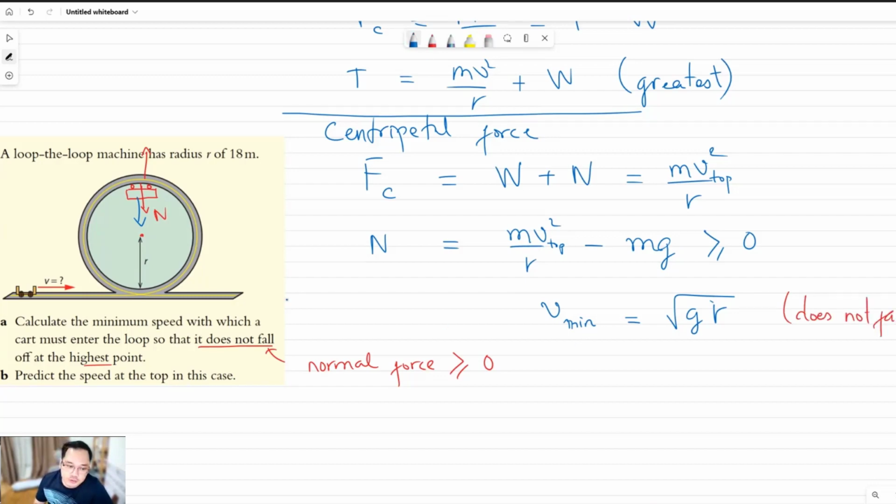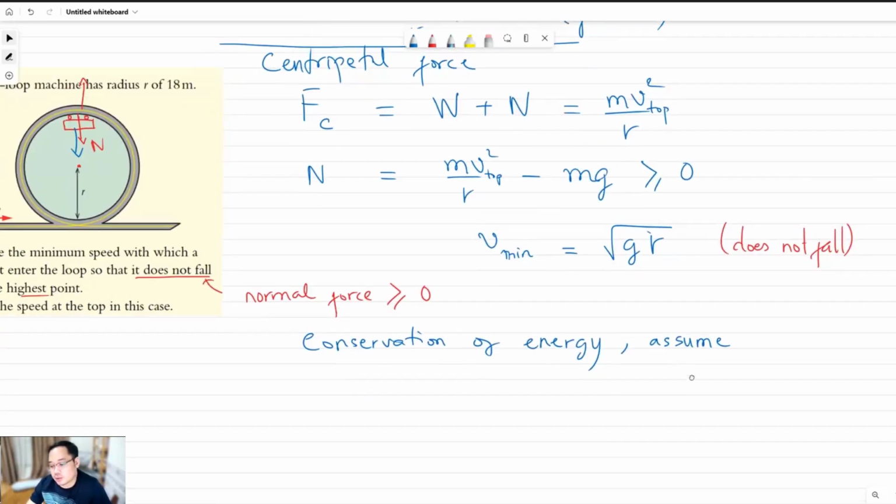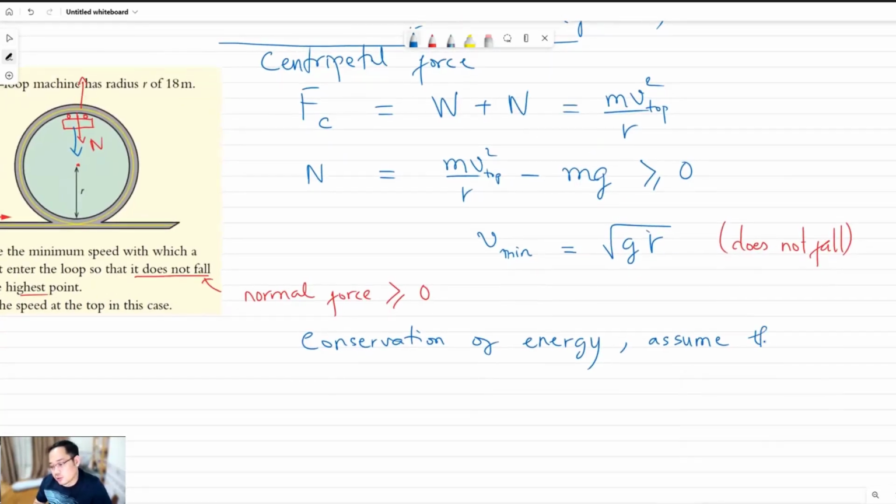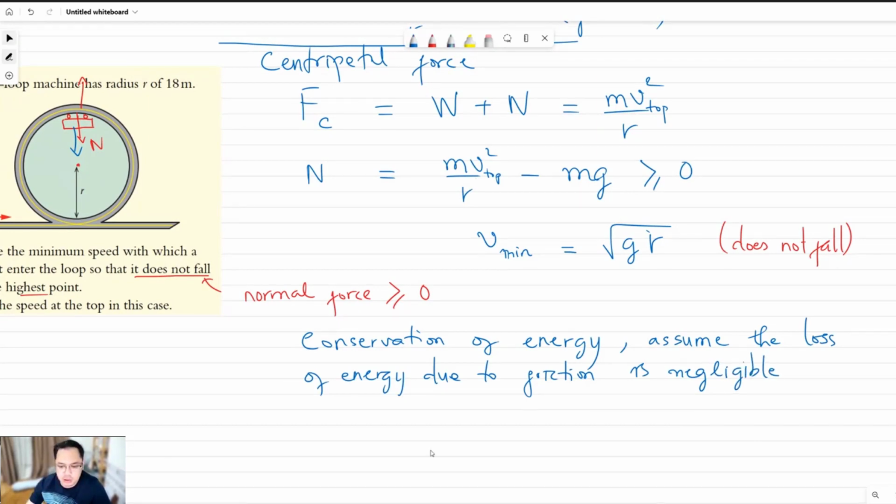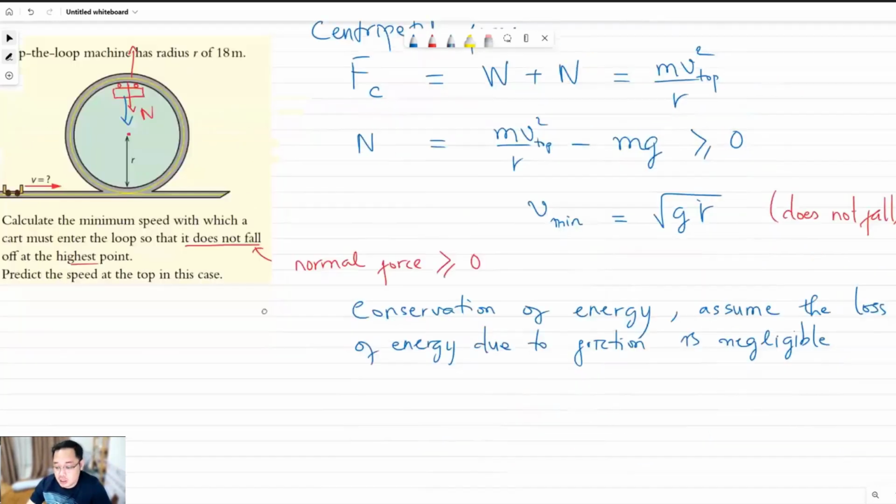And then to find the velocity at the bottom, the initial velocity, we will use the conservation of energy. And we ignore the loss of energy in friction. Assume that the friction is negligible, because it is not mentioned, so we don't know how big the friction force is and how much work it does.